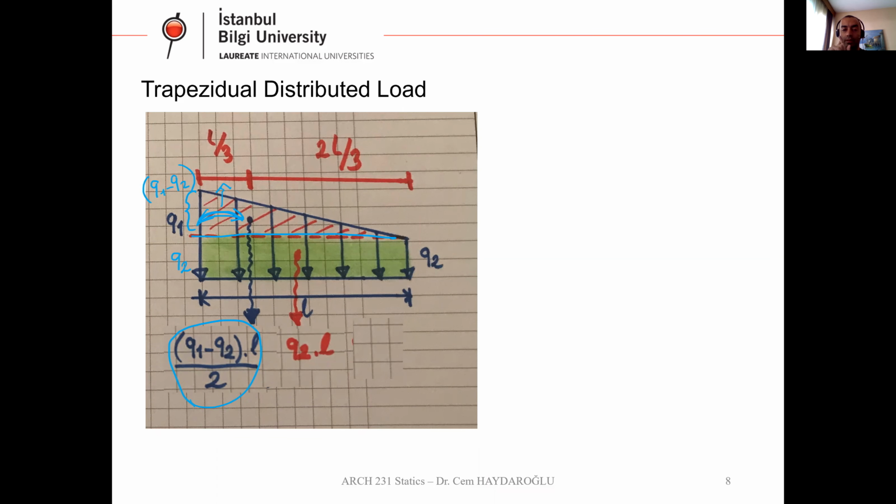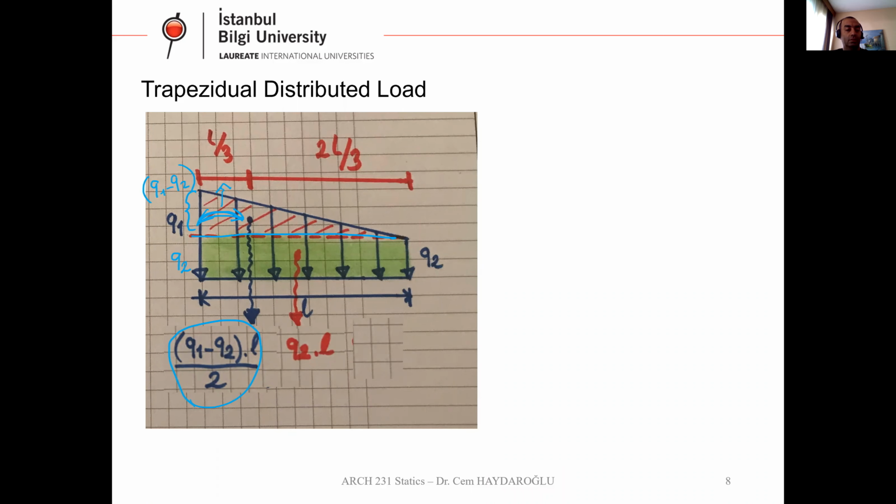That's okay. But you have to find 4 concentrated load locations depending on these geometrical rules. Yes, these are the trapeze distributed loads actually.